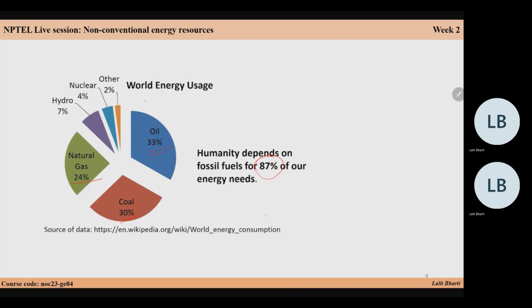All these are fossil fuel based energy sources, and only hydro and other fuels can come into either the renewable or the non-conventional energy sources. So most of the energy we consume is produced by fossil fuels or the conventional energy sources.